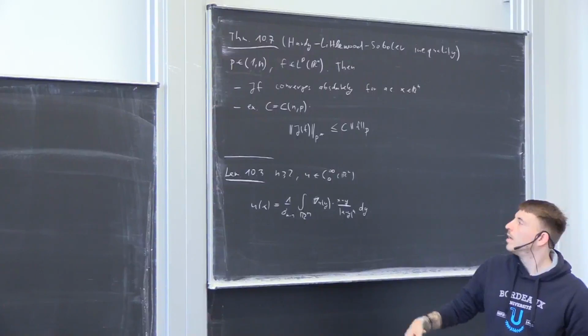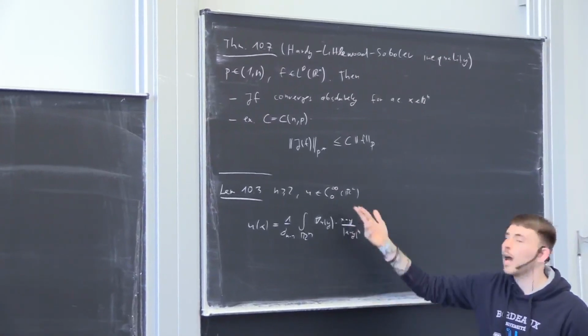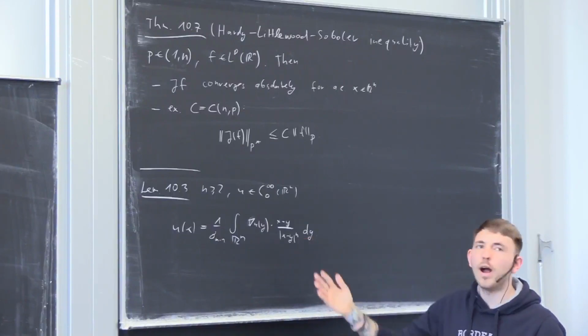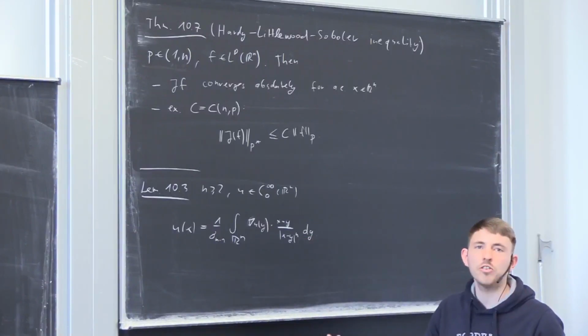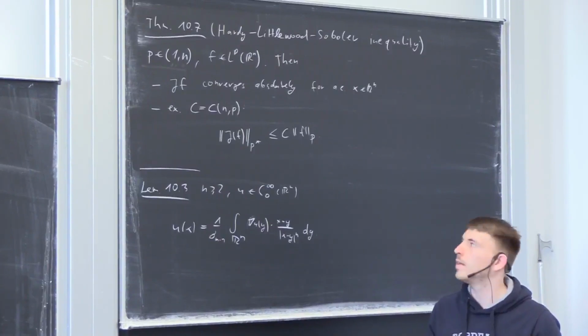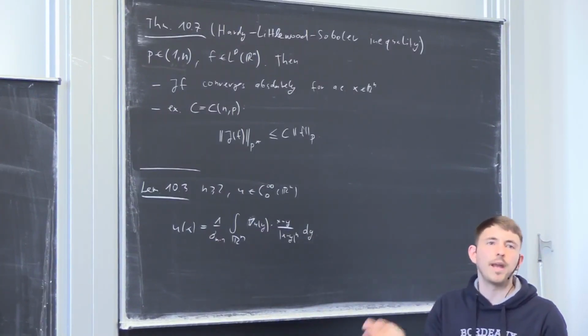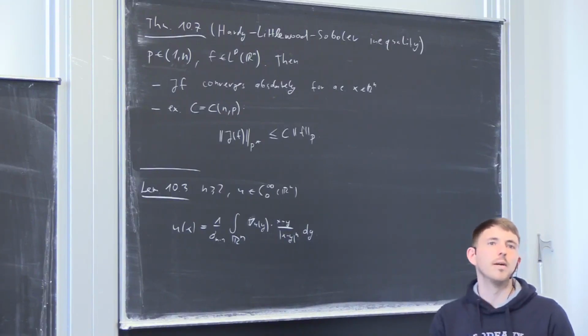So this was this thing where we said, okay, if we start with a really regular function u, we take it from C_0 infinity, then we can derive this potential representation. But you remember we really used in its proof that we have this quality of u. So for instance, we said, okay, we can really pick any direction, integrate a one-dimensional function there, use chain rules and so on.